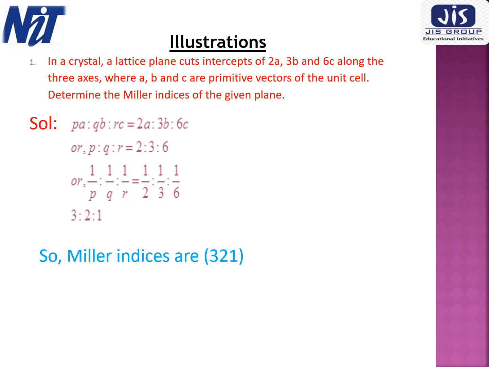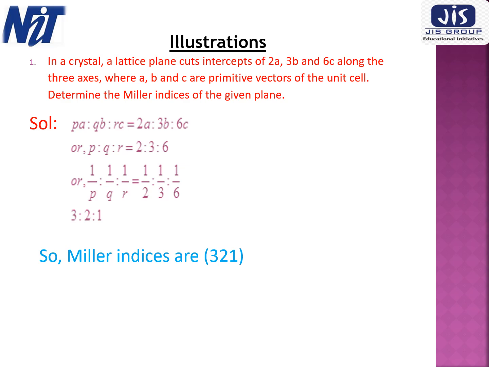So the first problem is that in a crystal a lattice plane cuts intercepts of 2A, 3B and 6C along the three axes, where A, B and C are primitive vectors of the unit cell. Determine the Miller indices of the given plane. Now here, if we take PA, QB and RC, as discussed in the theory, to be respectively the intercepts of the plane on the three crystal axes, then we can write PA ratio QB ratio RC is equal to 2A ratio 3B ratio 6C.